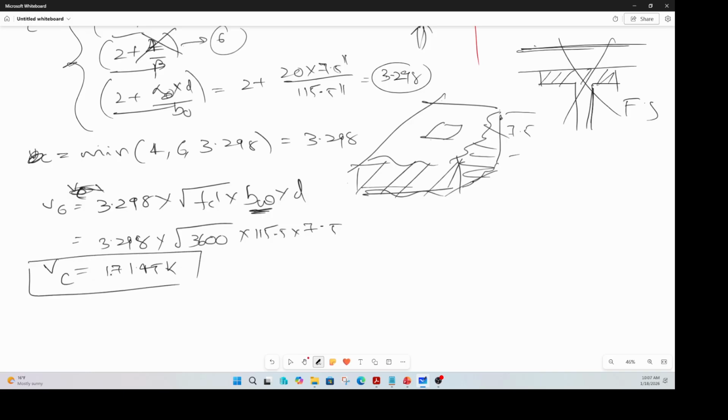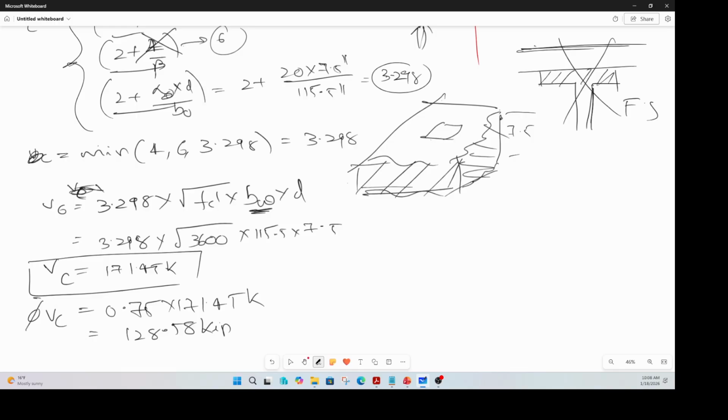Okay, but we want phi Vc because we want the design in shear, that is your modification factor, times 171.45 kips. This is nothing but 128.58 kips.